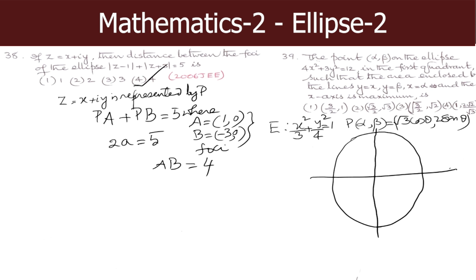The ellipse, this is the x axis, symmetric about both the axes, but with the major axis along the y axis. Now, this is the straight line y equal to x.